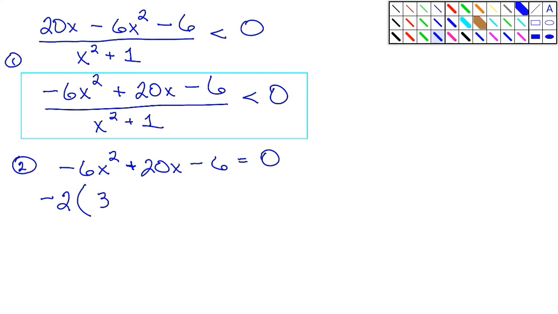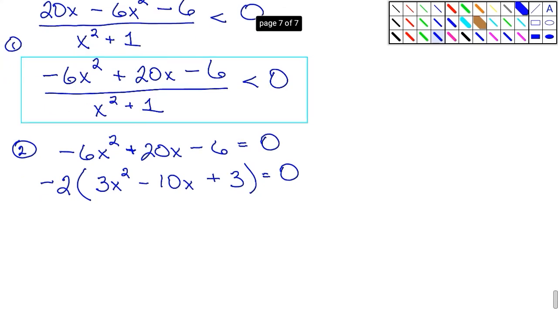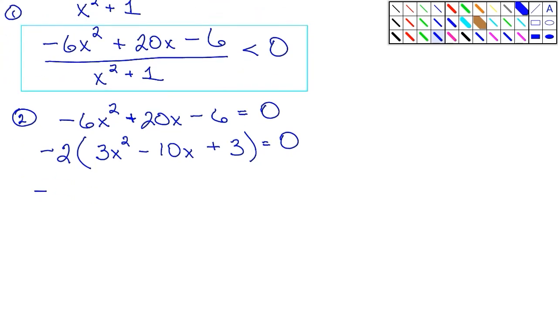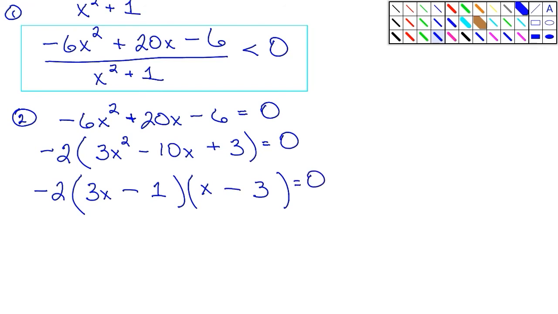And that's going to leave me with positive 3x squared minus 10x plus 3 is equal to 0. And from that, I can see how to factor this. I'm going to have 3x and x, and then we're going to have 1 and 3, and they're both negative. And you can double check that the middle terms, when they multiply together, do give us negative 10.